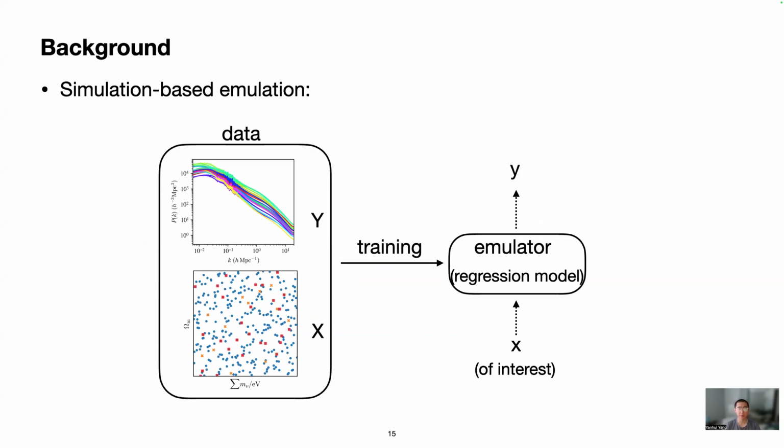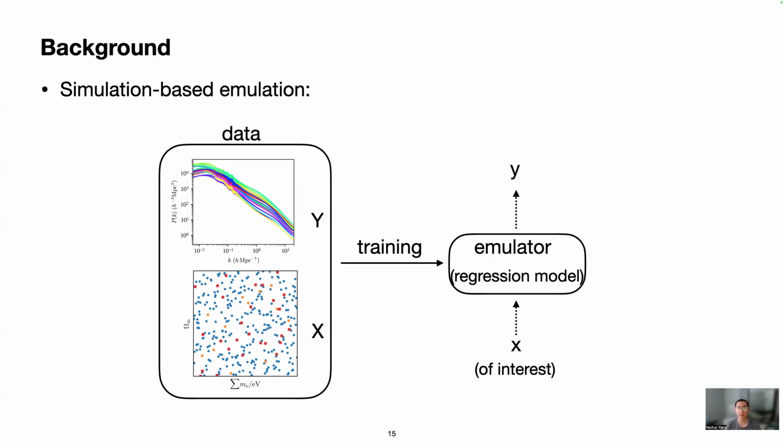How do we do simulation-based emulation in practice? We firstly sample a set of distinct cosmologies in the parameter space, and then we run the corresponding simulations and extract the matter power spectrum from the simulations as the output data.